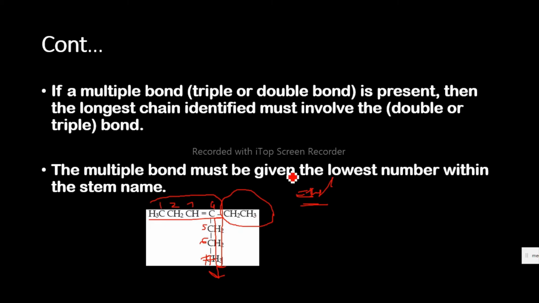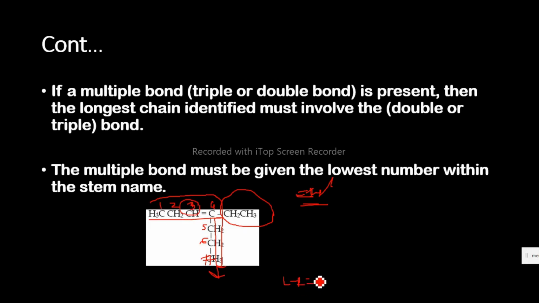But now, since we have a double bond, the position of this group is going to depend on the position of the double bond. And so how are you going to do it? If you count from this to this, the double bond is going to be on carbon number 3. That is if you count from left to right.